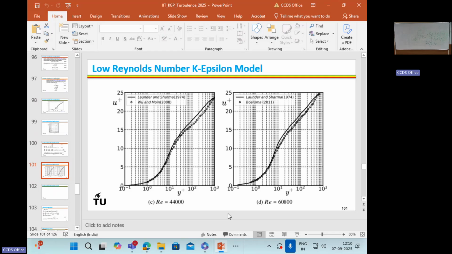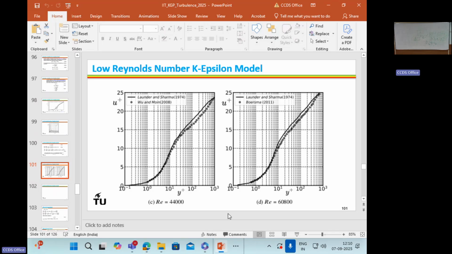There are almost 30-40 variants. I'll provide you a table which I have saved from the literature, showing which model has what definition of D, what definition of E, what definition of F mu, F1, and F2.